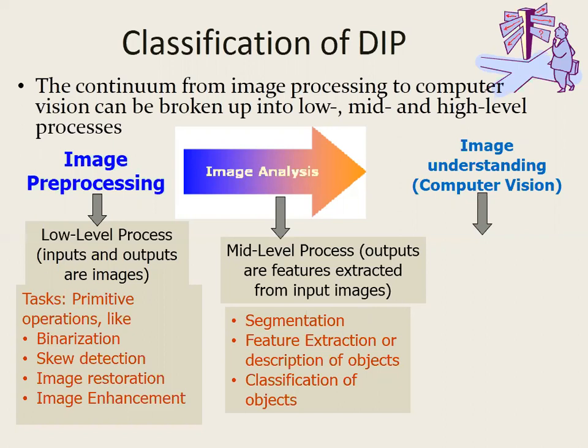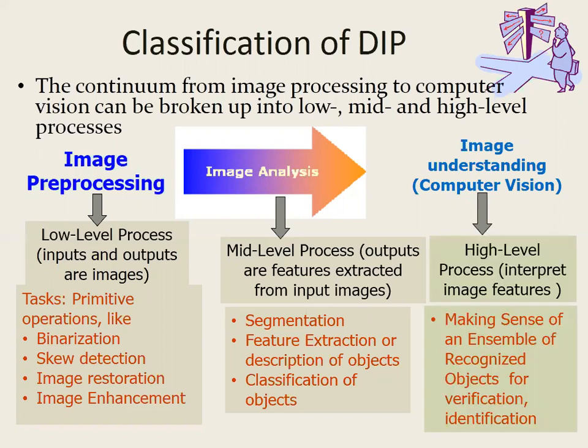Then that model is used for image understanding. Image understanding is at a higher level, which is also called computer vision. Making the computer visualize the image or the object. Visualizing means making the computer system see the image, like how human beings visualize the scene, such that it can say, this object means this as per our application.